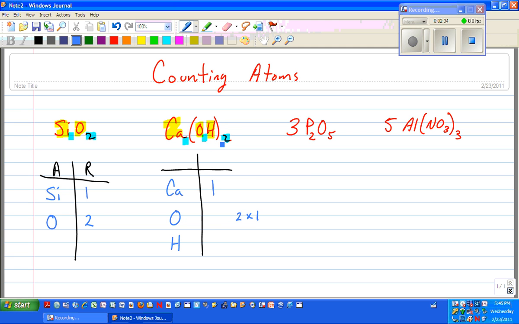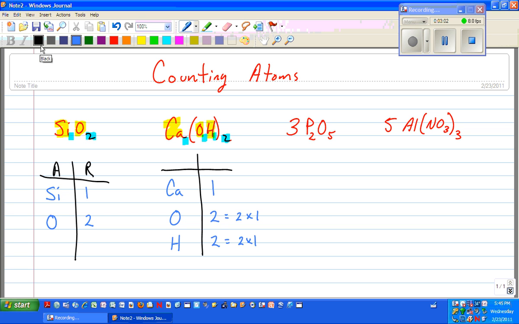Here's my 1. 2 times 1 would give me a grand total of 2 oxygen atoms. And I would do the same thing for my hydrogen. Again, I have no subscript here, but there is that subscript outside of the parentheses, so it would be 2 times 1, again, to give me 2 hydrogens.